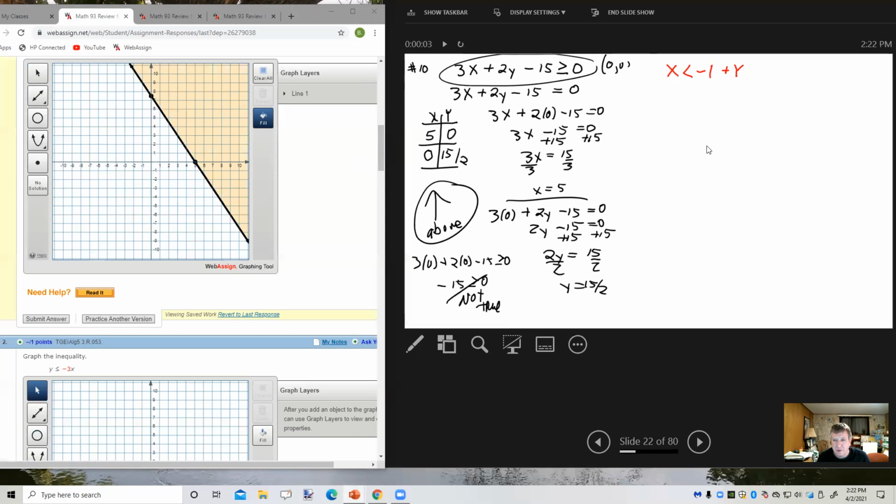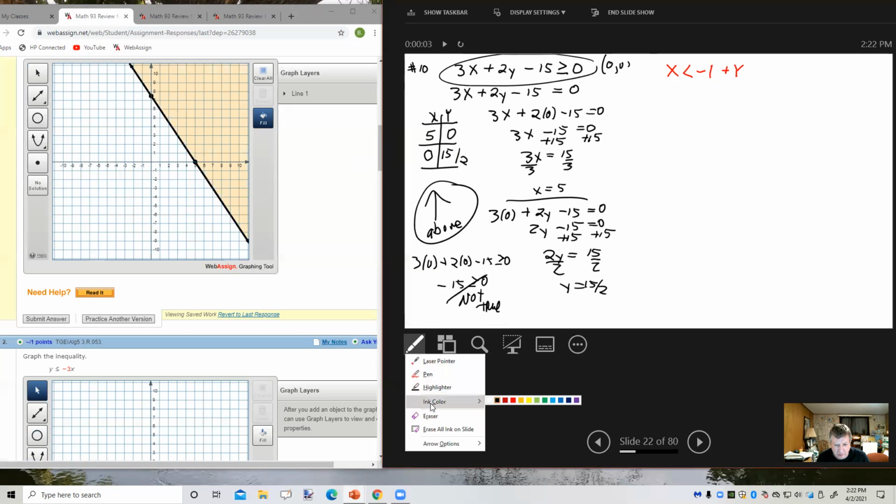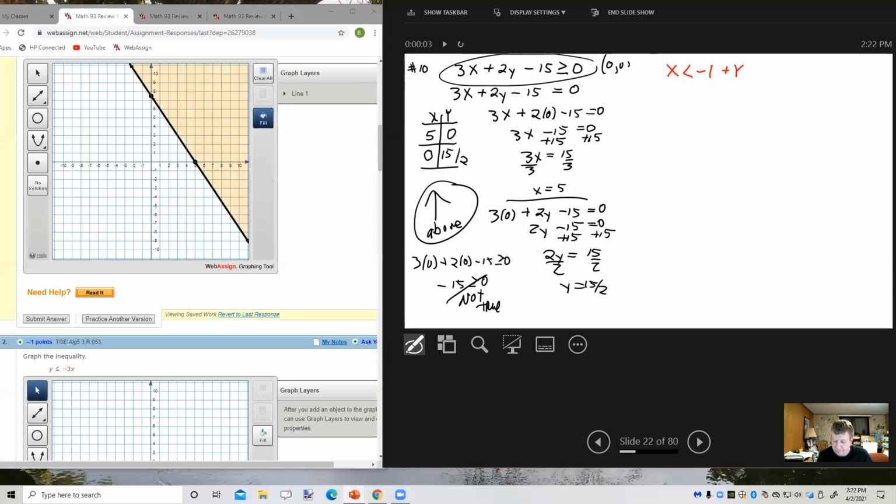All right, let's go back and let's do the red inequality. Over here, again, we'll look at the related equation, x equals -1 plus y. We'll find the x-intercept and then the y-intercept. To find the x-intercept, set y equal to 0, x equals -1 plus 0, x equals -1.